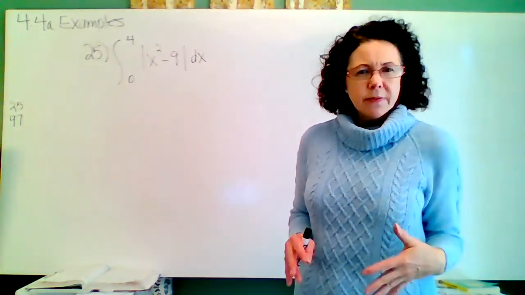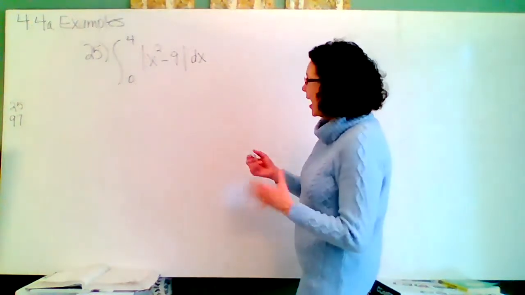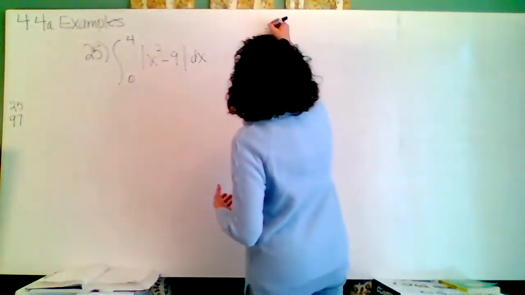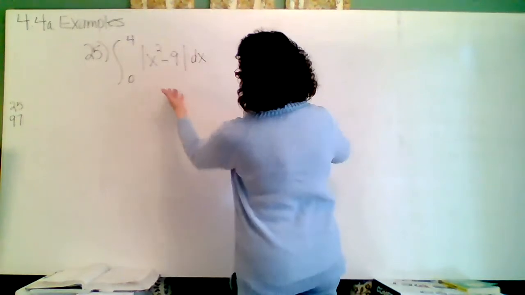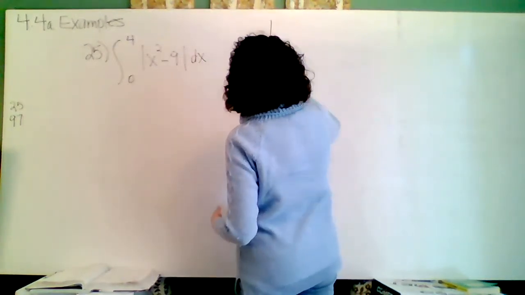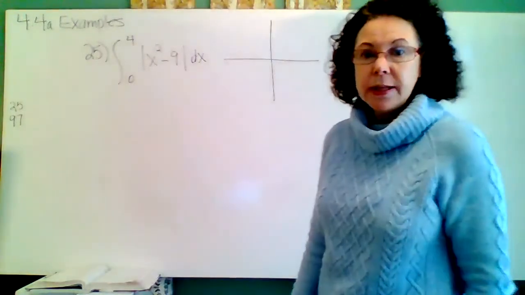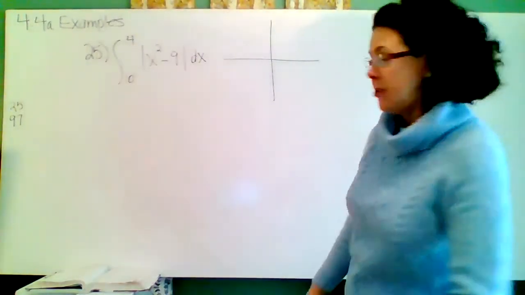So there's 2 ways of looking at this. I think for an area to help myself out, okay, here we go. I know how to draw x squared minus 9 just on its own, not concerned about the absolute value signs yet.